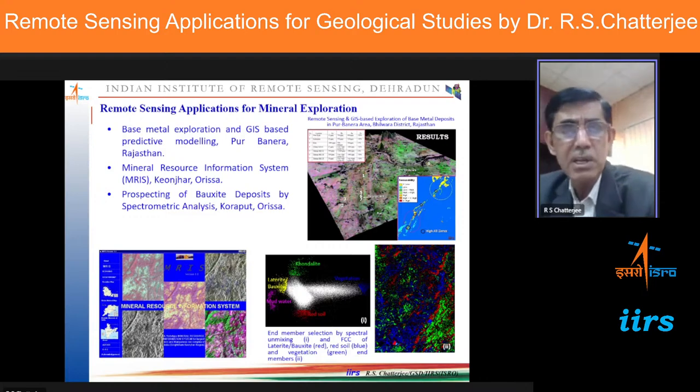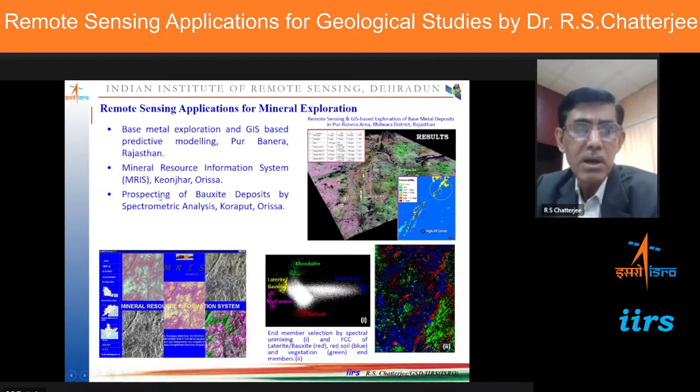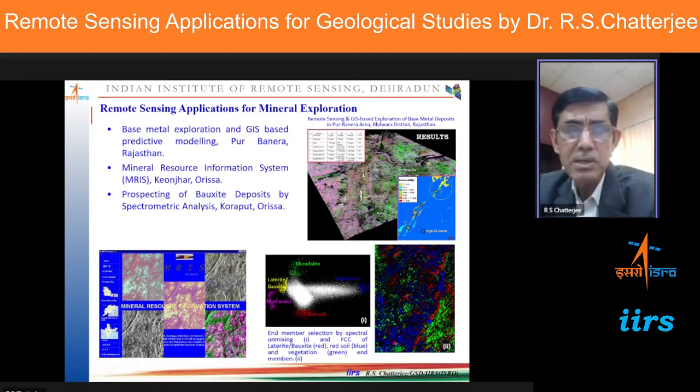Now there are other applications like mineral exploration, particularly of surface minerals. Using the spectral properties of the minerals, you can identify minerals and therefore the mineral deposits. But there is predictive modeling also, using different information from remote sensing images like geological structures, geomorphology, as well as spectral information of the minerals and rocks.